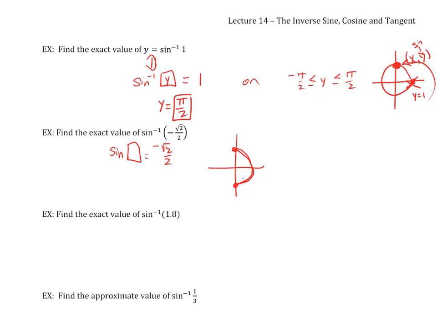Now, the negative 45-degree angle, or negative pi over 4, gives me a negative square root of 2 over 2. That's the coordinates of that point: square root of 2 over 2, comma, negative square root of 2 over 2. Your sine is the y coordinate, so that means the answer is negative pi over 4.